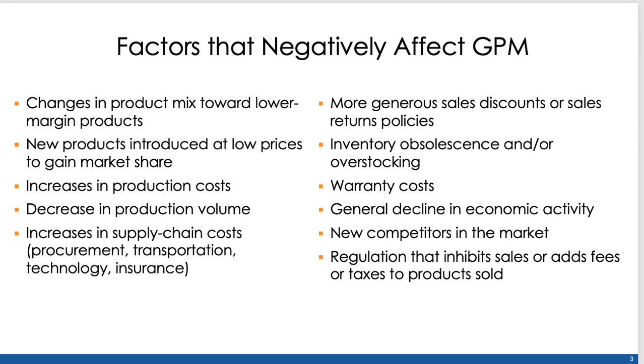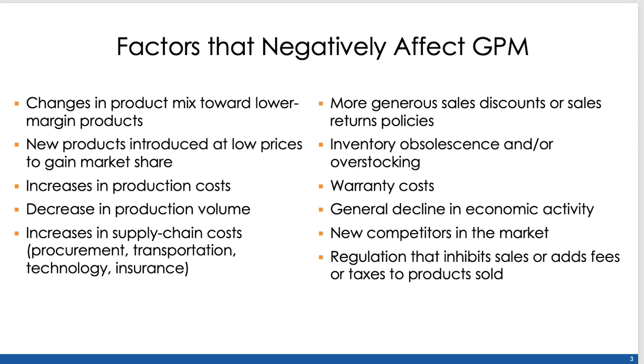Increases in production costs. Decreases in production volume. Increases in some part of your supply chain. More incentives like sales discounts or sales return policies. Inventory obsolescence and/or overstocking, which of course you can substitute as inventory mismanagement.